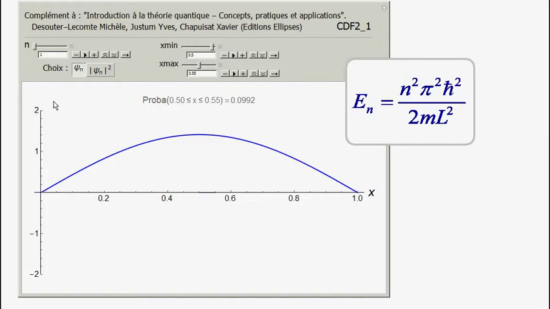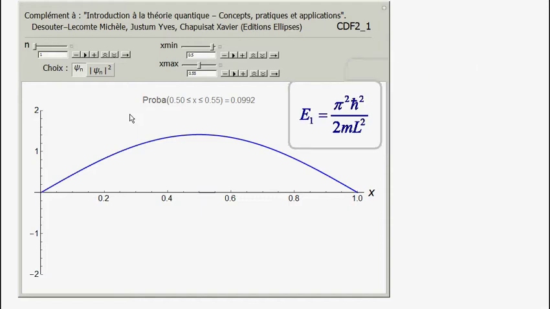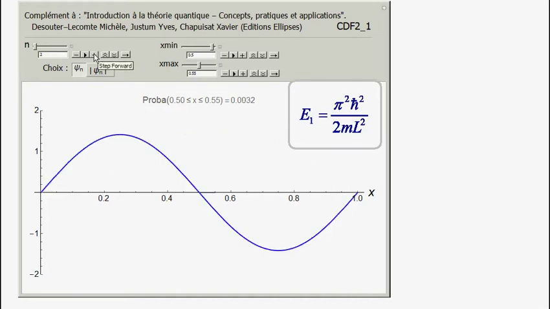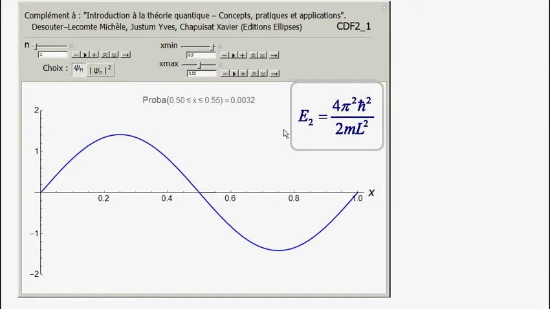For instance, when the particle is in the ground state, the measurement of the energy will give the lowest possible value of the kinetic energy. And it is a non-classical result, since classically the kinetic energy of a particle may vanish. When the particle is in the first excited state, the outcome will give the second eigenvalue, so the kinetic energy is 4 times greater.